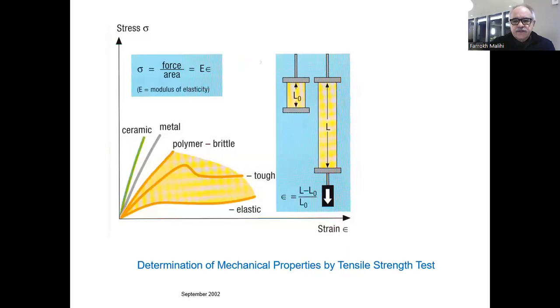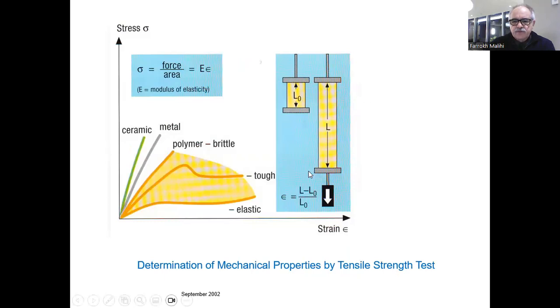Here is a schematic and a diagram that shows tensile strength testing. This is usually used for rubber-like materials as well as sheets and films, polymer films.